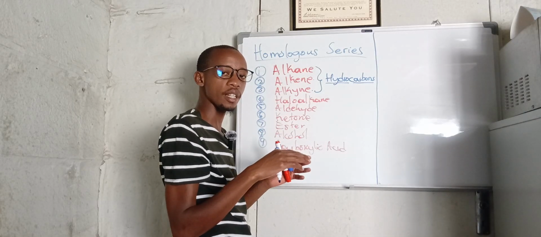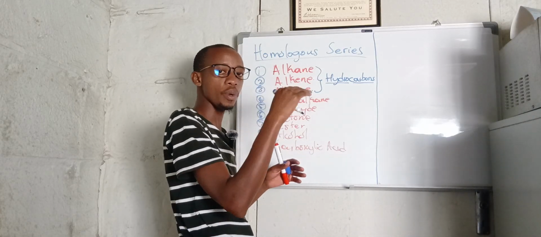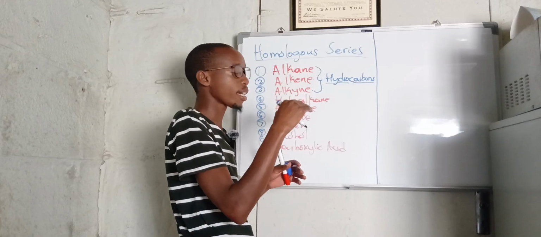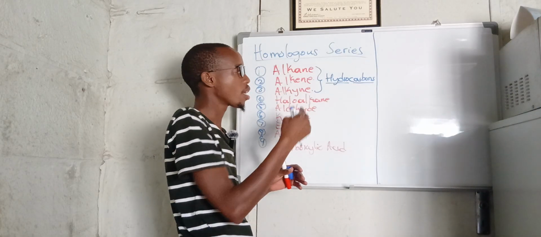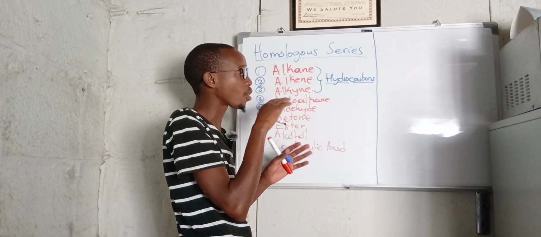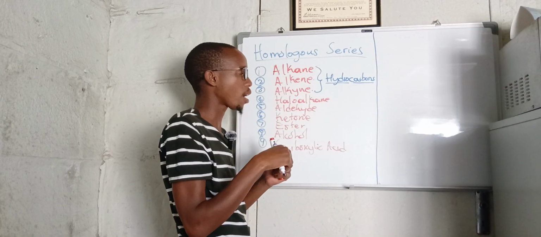The only difference is that the first one, alkane, has single bonds, the second one, alkene, has double bonds, the third one, alkyne, has triple bonds. So all of these three form part of what you call the hydrocarbons.